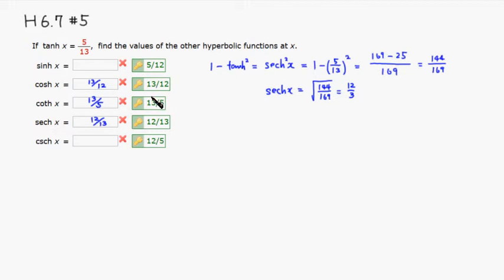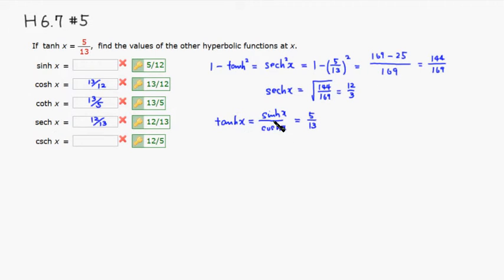Right, then if you want the hyperbolic sine, we know that the hyperbolic tangent of x is equal to hyperbolic sine over hyperbolic cosine of x, which we already know is 5 over 13.